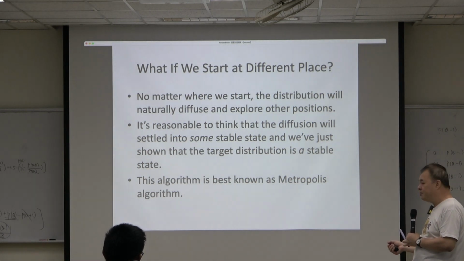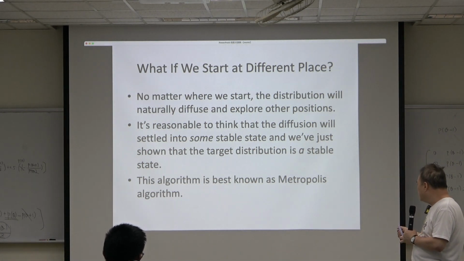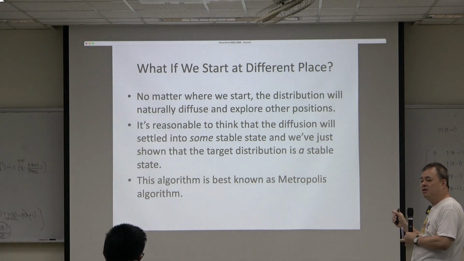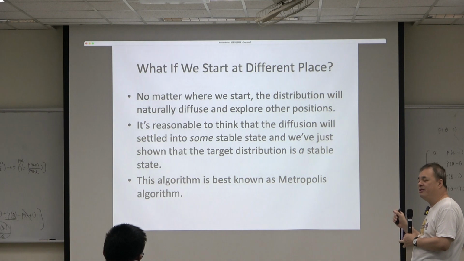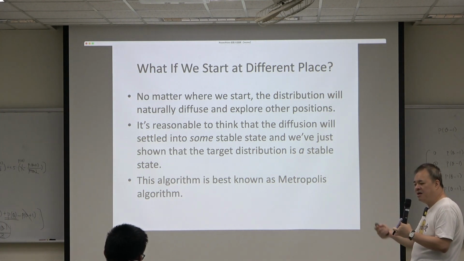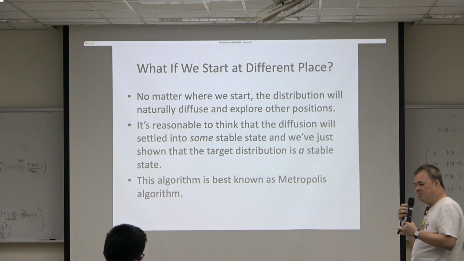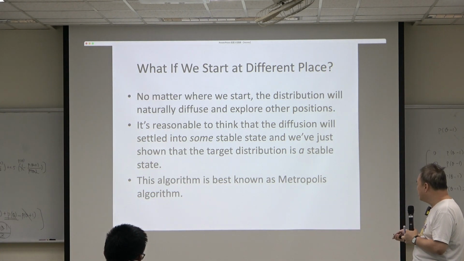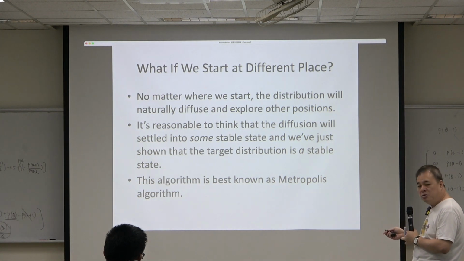So this is important. It tells you that it is very likely, after repeatedly applying this matrix, that eventually you are going to end up with this target distribution.